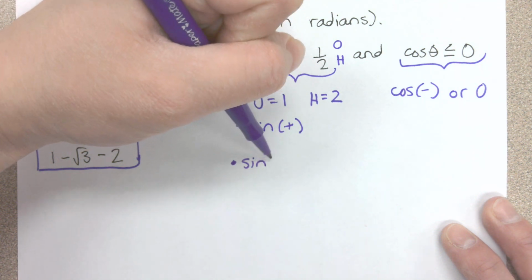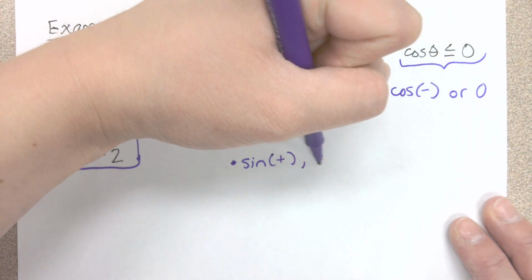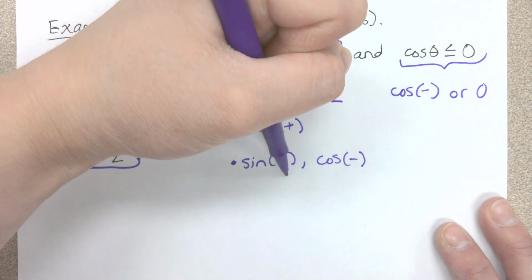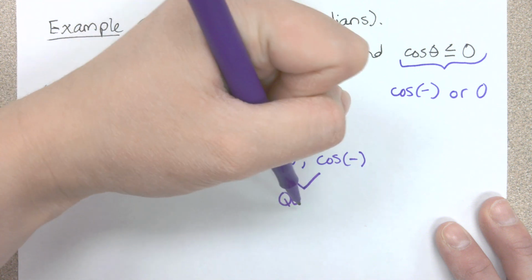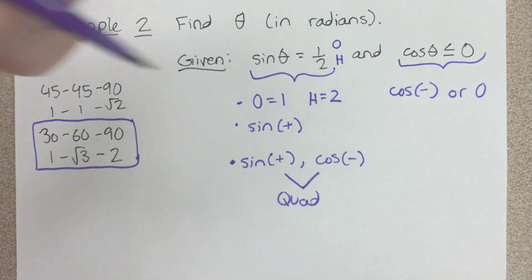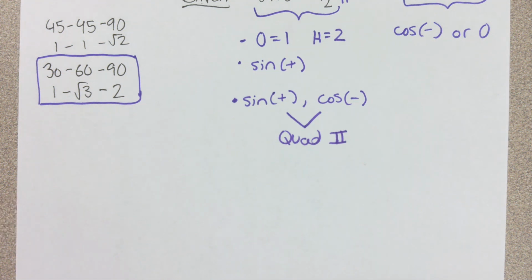So if we have positive sine and negative cosine, we are in quadrant 2. Quadrant 2, it's the only time sine is positive, cosine is negative. All right, let's put this all together.